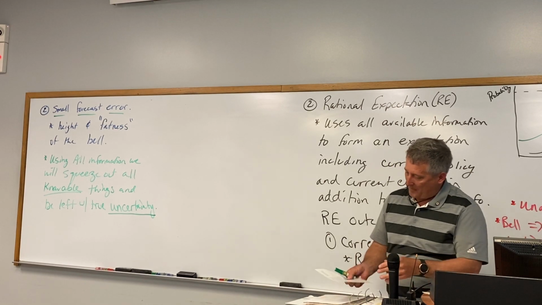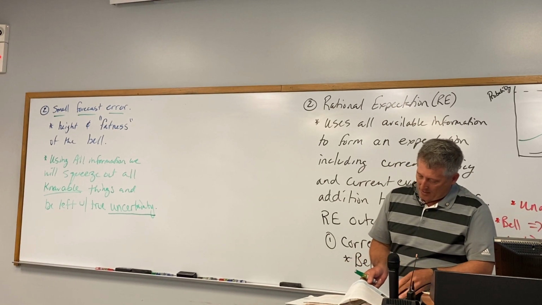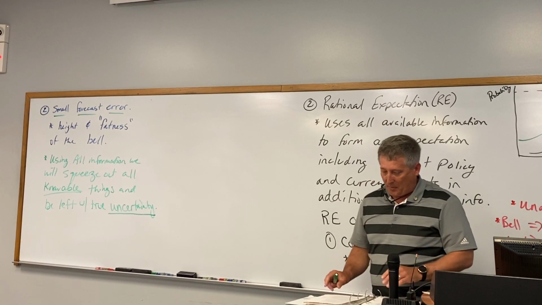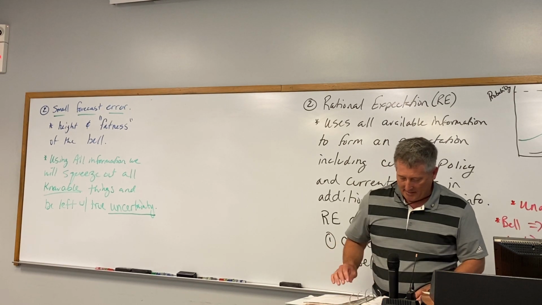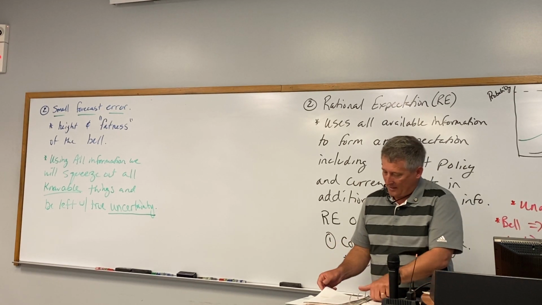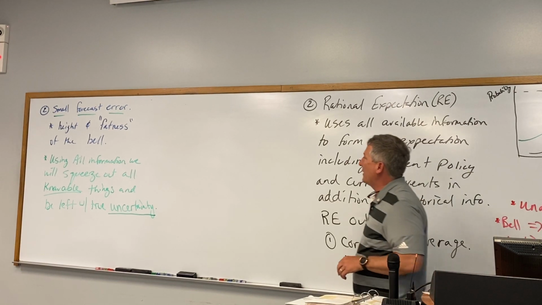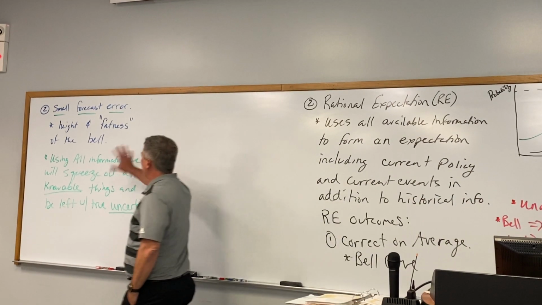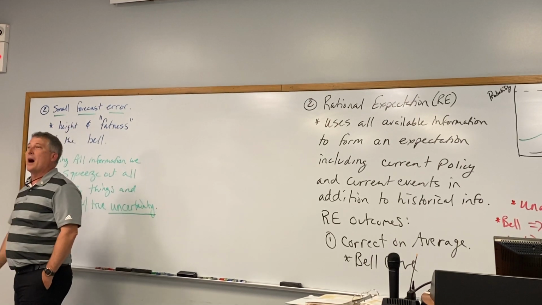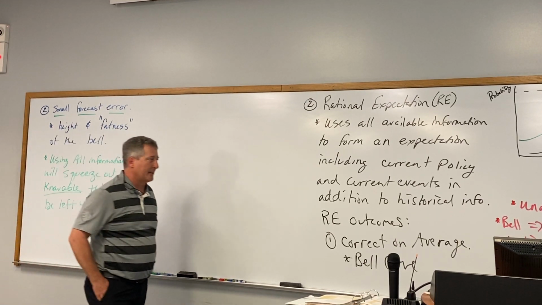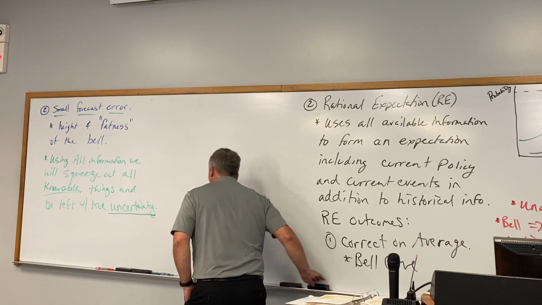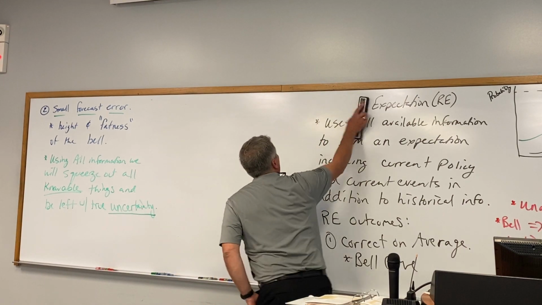All right, so that was all put together by Robert Lucas, and he's a Nobel Prize winner, and he did this in the 70s, because prior to that, people were thinking, we can just use our models and get the kind of traditional outcomes that we were doing.